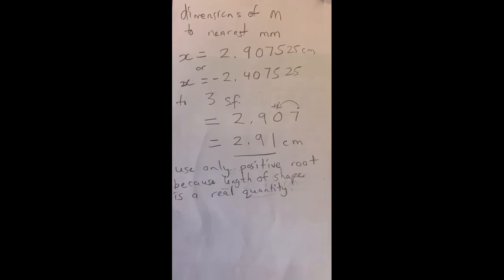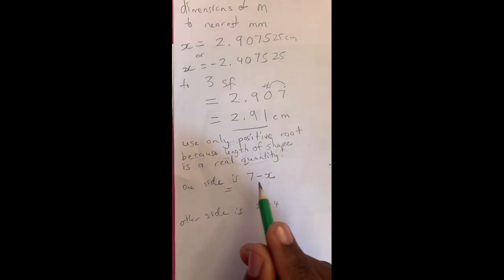So we only use the positive root because the length of the shape is a real quantity.